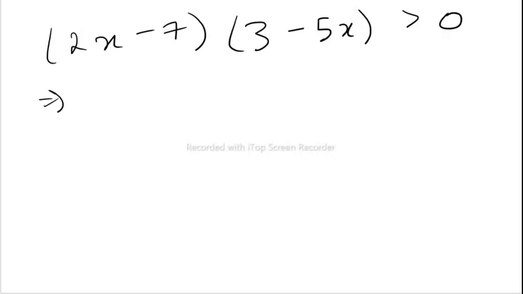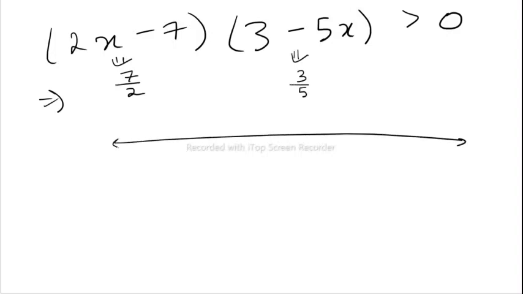Again, first find out the zeros. I'm directly giving you the sum. So here the zero is 7 by 2, and here the zero is 3 by 5, right? So you plot them. 3 by 5 will come over here, 7 by 2 will be over here.